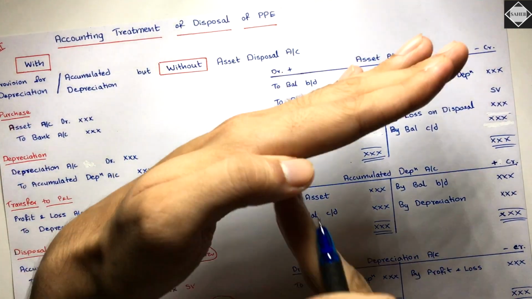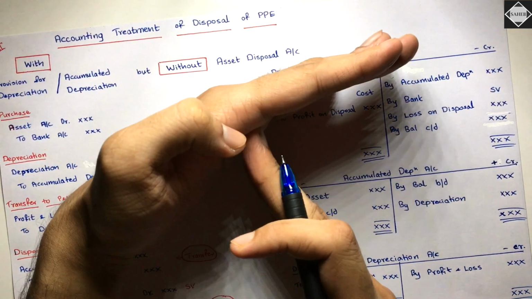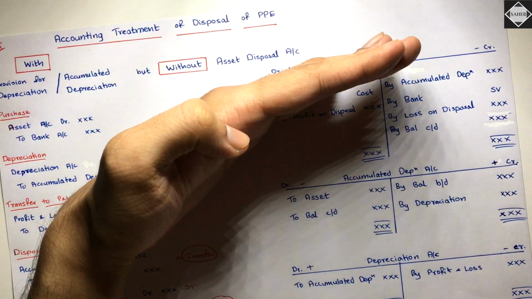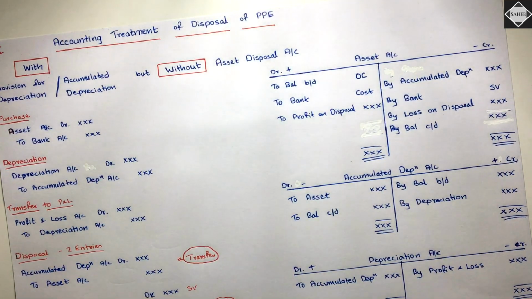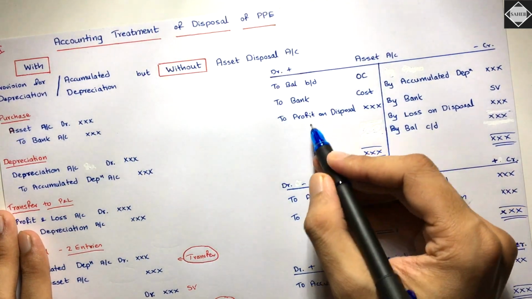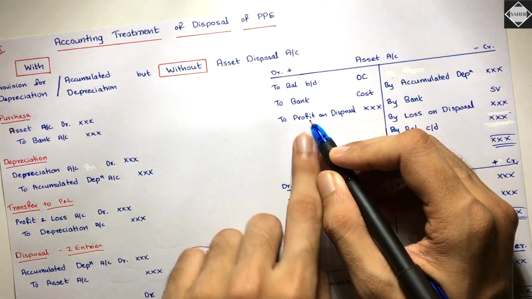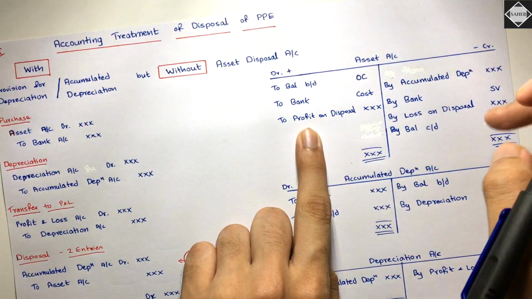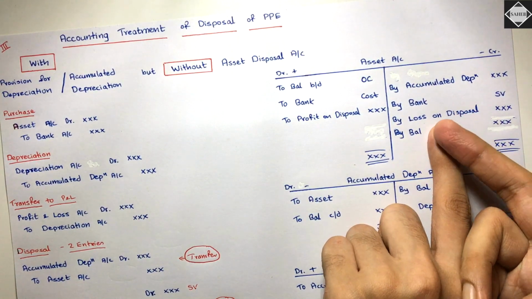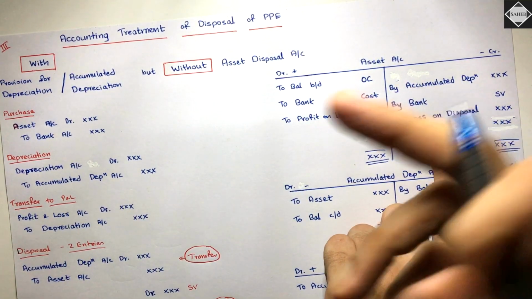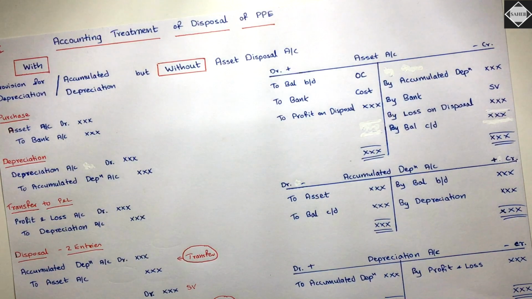Think about the profit and loss account. In profit and loss account, on the debit side all the expenses come, on the credit side you have all the incomes. So to facilitate the cross posting, the profit will come over here on the debit side, and in the profit and loss, this will go on the credit side. The loss will come on the credit side, but in profit and loss, this loss is an expense now, so it has to go on the debit side. Is that clear? That's the logic.